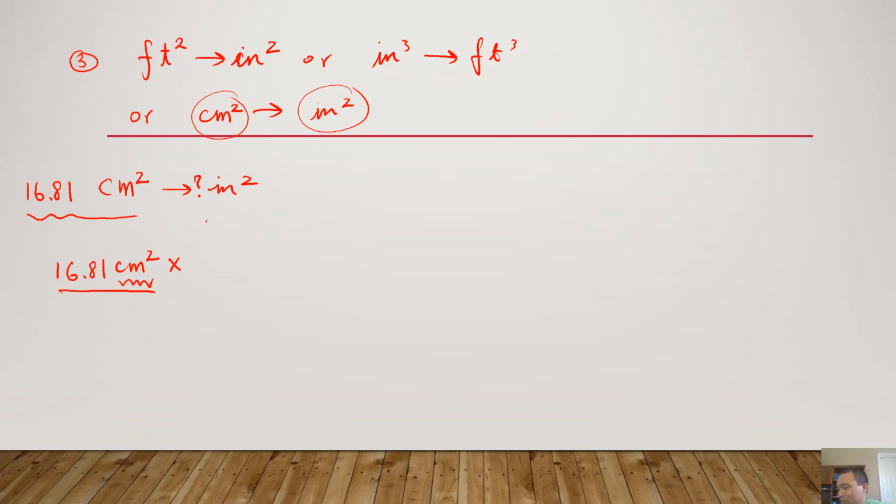Times, do remember, the conversion factor is 1 inch over 2.54 centimeter. Do remember, to cancel out centimeter squared, the whole thing must be squared, not just the unit squared, or else it's not the same. For example, if 1 meter is 100 centimeter, 1 square meter will not be 100 centimeters squared.